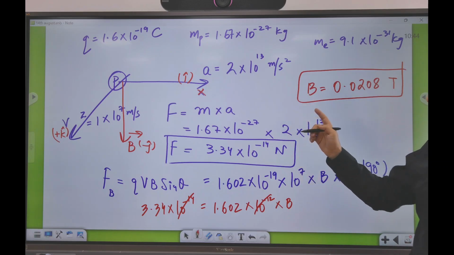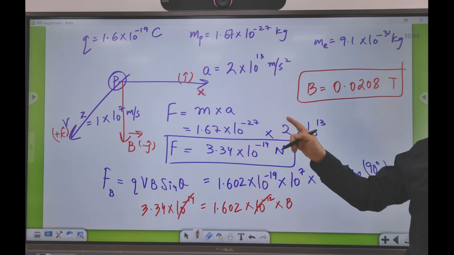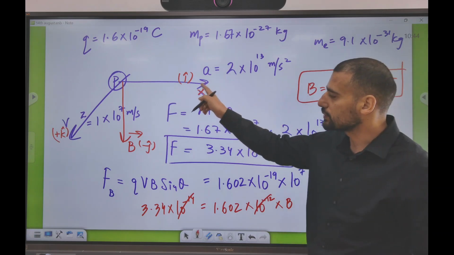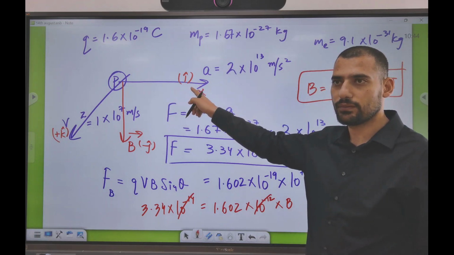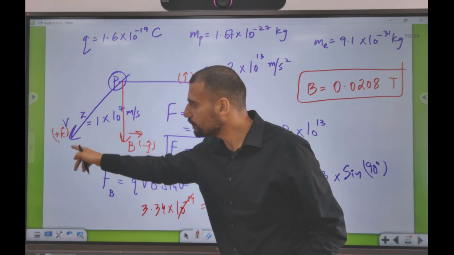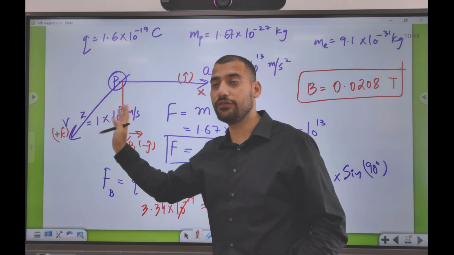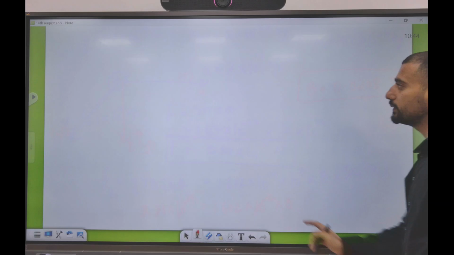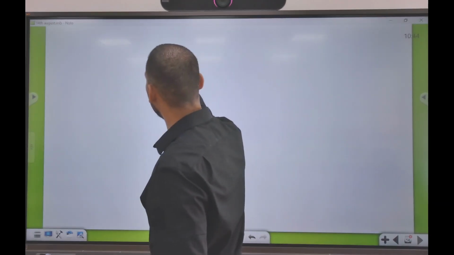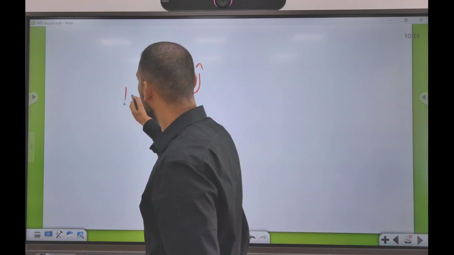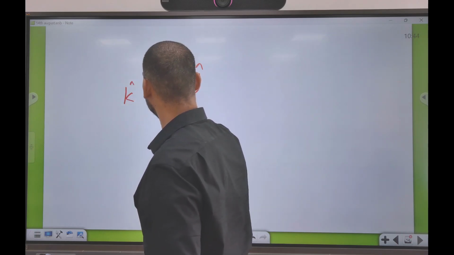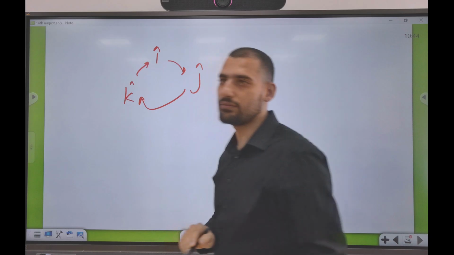Now, you can also find the direction of the force. You know that the force is along i cap, the magnetic field is along k cap, and the velocity is along k cap. Yesterday I told you about i, j, and k: when you go in the clockwise manner, everything is positive.